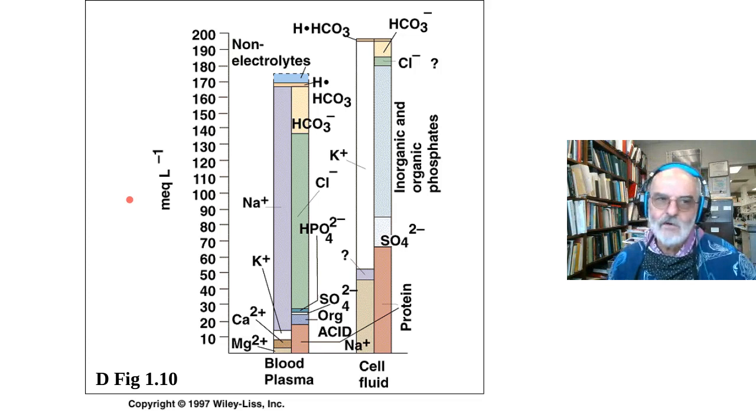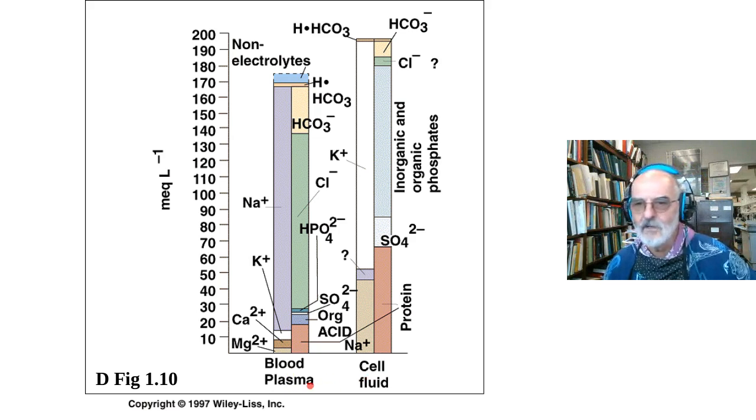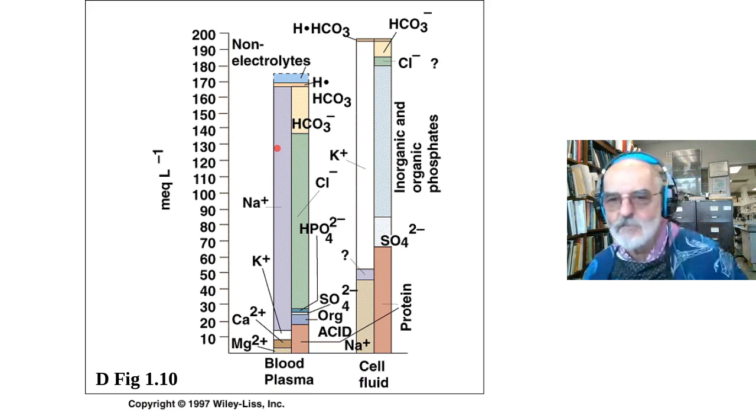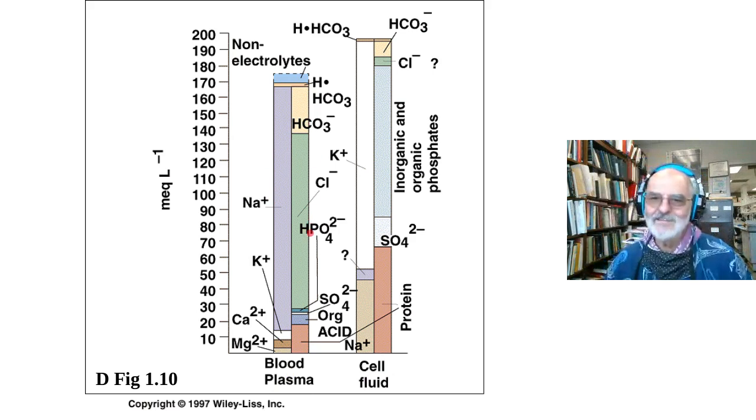Now, in addition to this, we also have lots of electrolytes and non-electrolytes in plasma and in cell fluids. And so you can see here a summary of all the different cations and anions in plasma. And what you should notice is that your plasma is predominantly sodium with some potassium, and then there is some other stuff, calcium and magnesium.